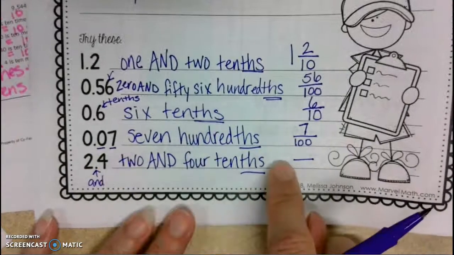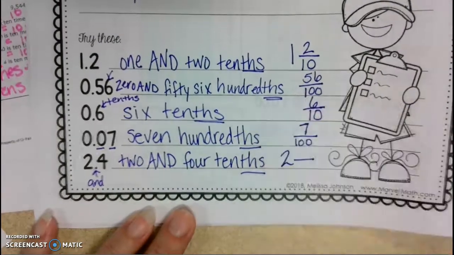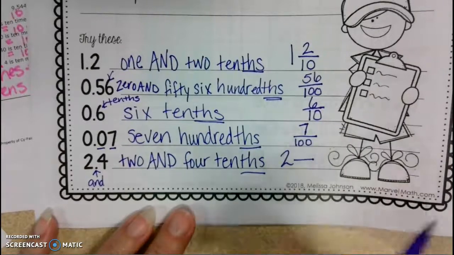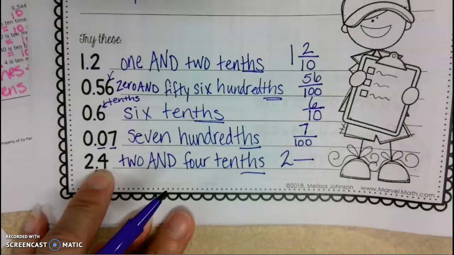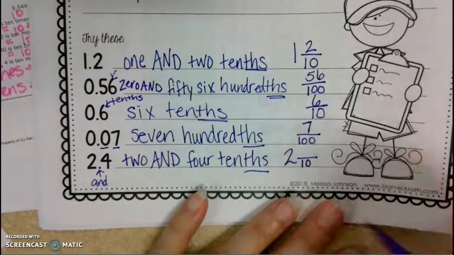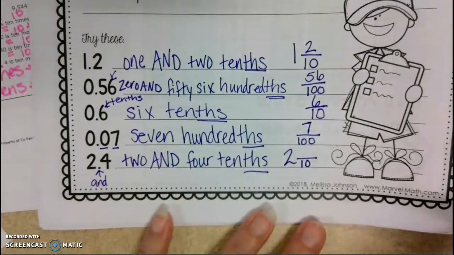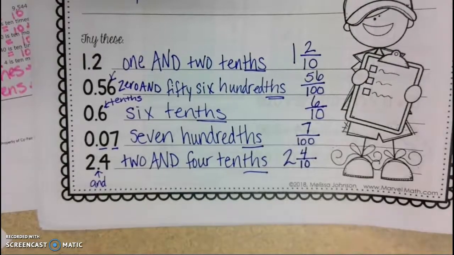A 2. So what's going to go in front of my fraction? So good. I'm so proud of you. What place value is this 4 in? So my denominator is going to be tenths with the THS on the end. And what's my numerator going to be? Good. 2 and 4 tenths. You guys are fabulous. Show me with your thumbs how you feel about this. Good. We're going to do some more practice.